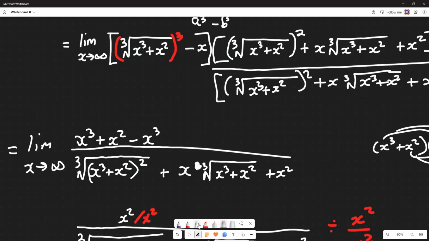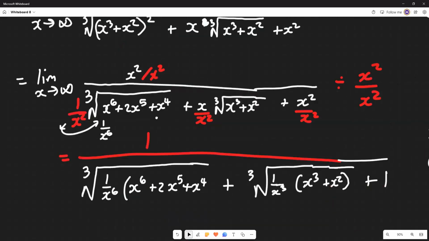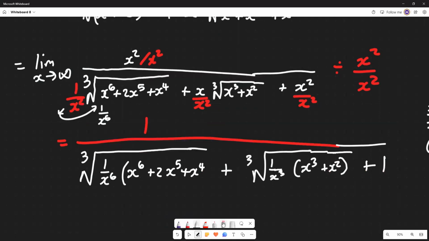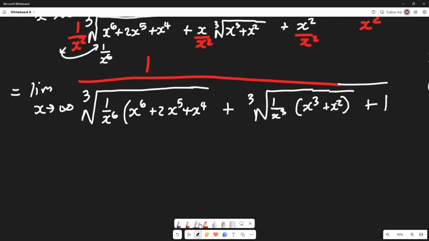This is the same as limit as x approaches infinity, which is the same as limit as x approaches infinity. Let's keep on going. So now I have limit as x approaches infinity.